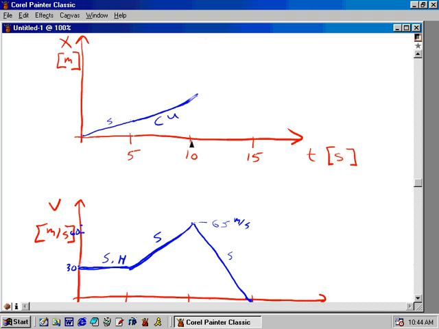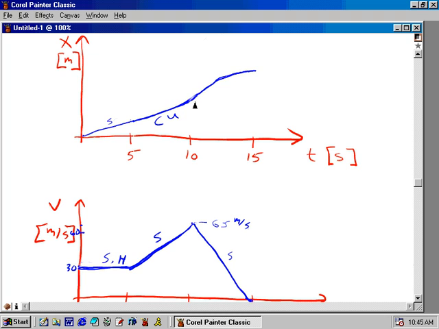Alright, it's curved up, and then at the end of that 10 seconds we've got some upward curvature, and now it's going to be curved down, coming to flat. This velocity is 0 at the end of the 15 seconds, so the slope of x versus t has to be 0. So it comes in horizontal, and this whole segment is curved flat.